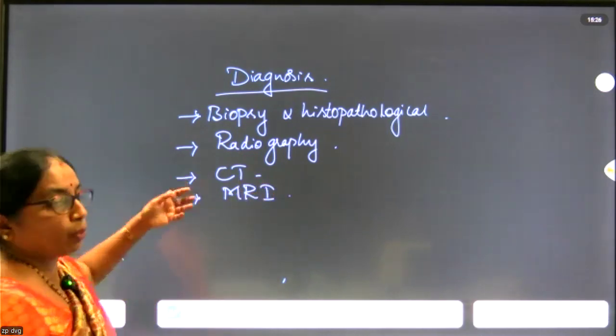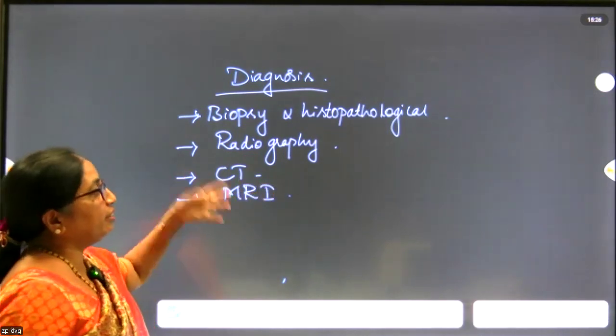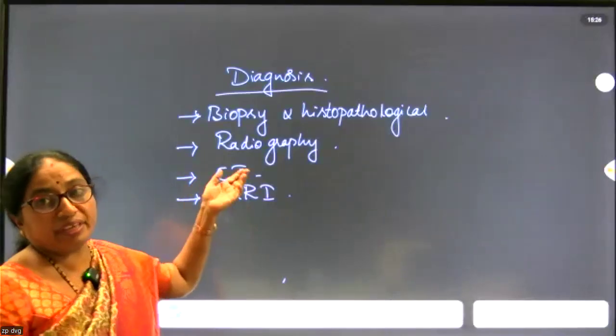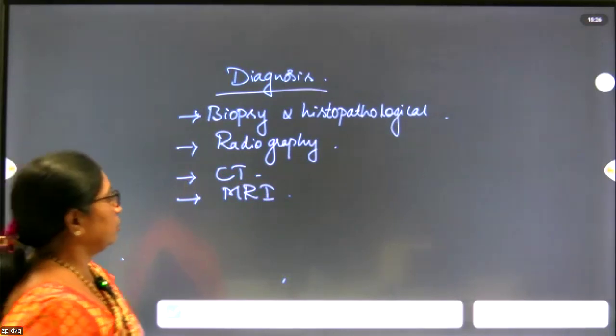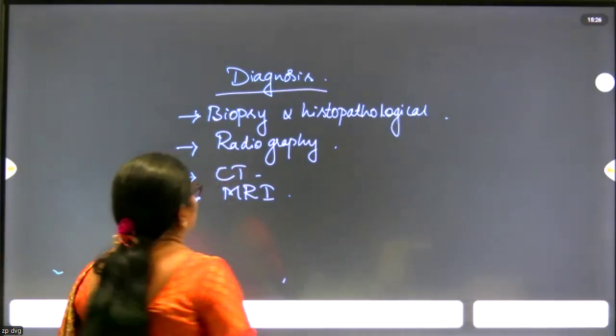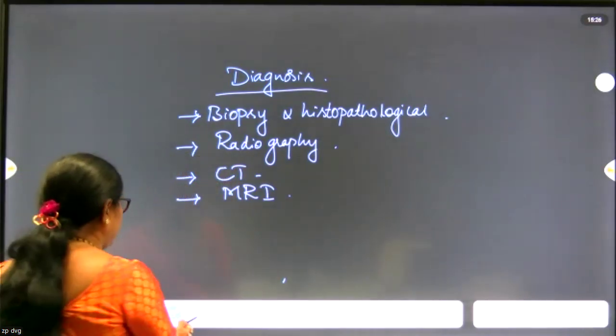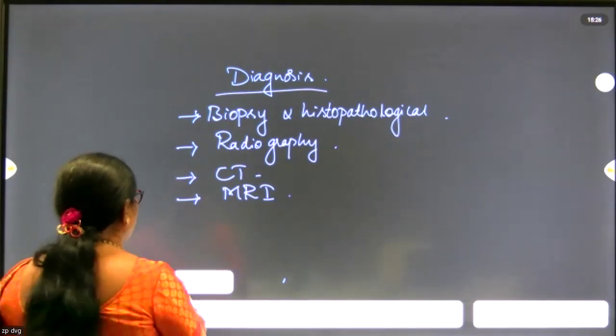So with all these, we can get images of the internal organs which are affected with cancer. So this will help in diagnosing the cancer, right? And finally, coming to the treatment of cancer.